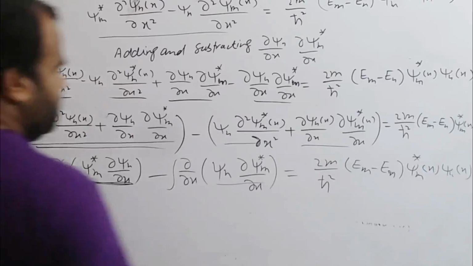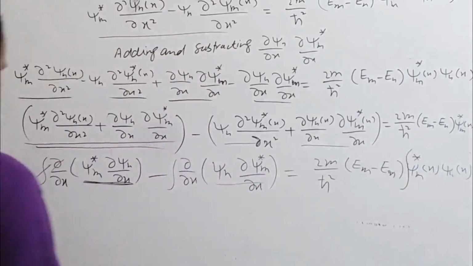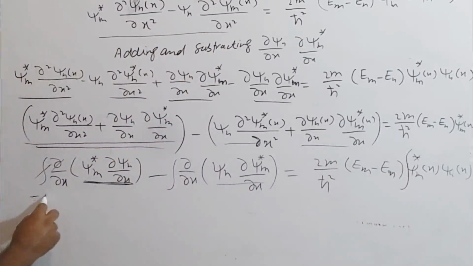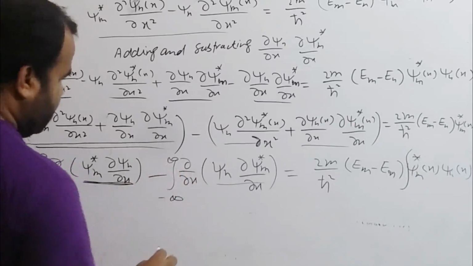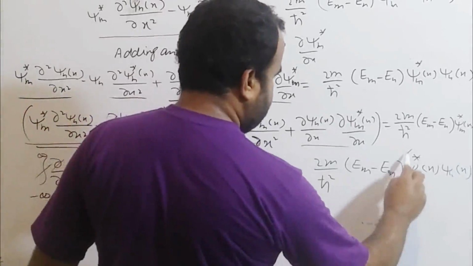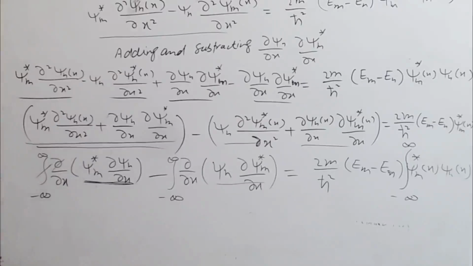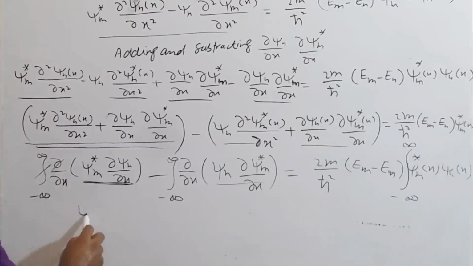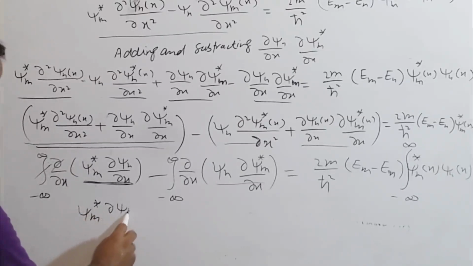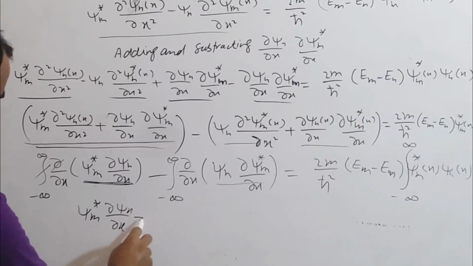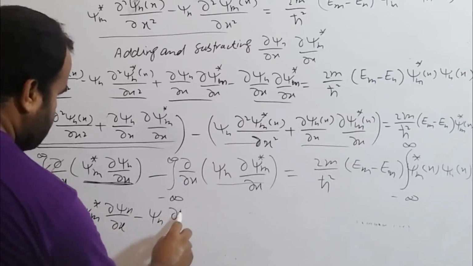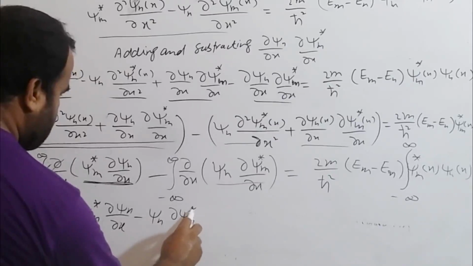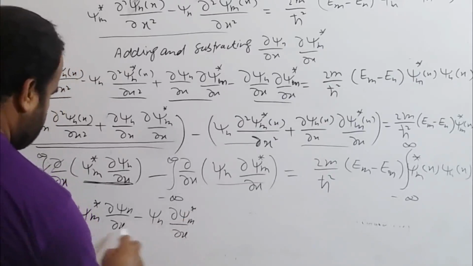Remember that we are taking the integral from minus infinity to plus infinity. So here we get ψm* ∂ψn divided by ∂x minus ψn ∂ψm* divided by ∂x.